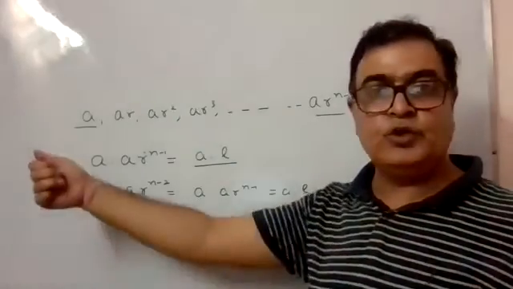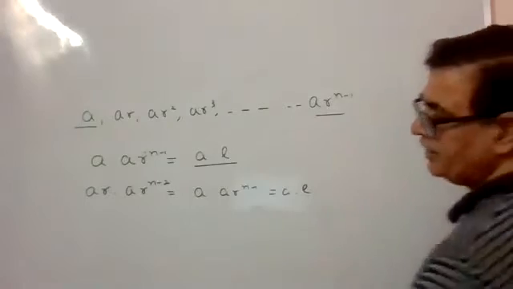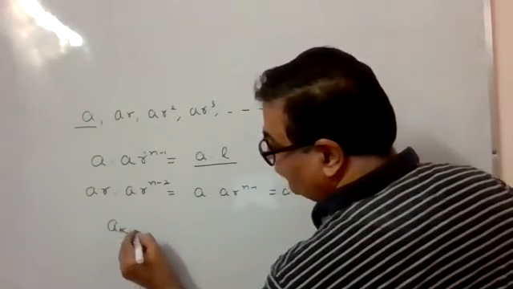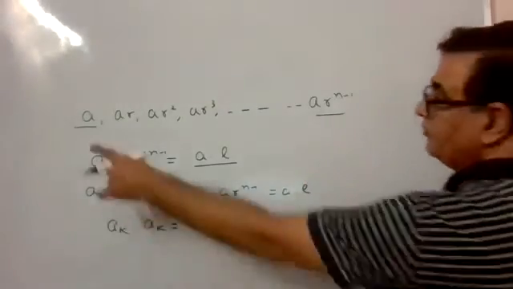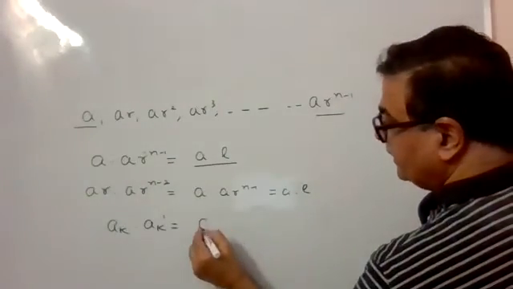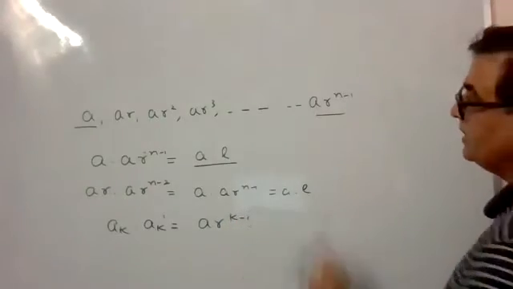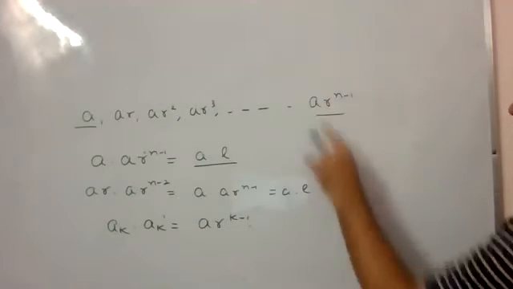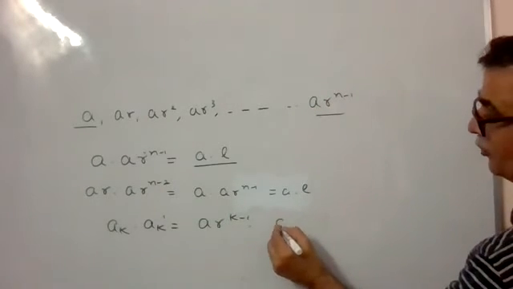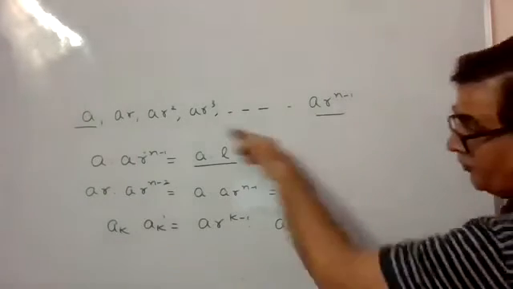In the same way, if you take the kth term from this side and the kth term from this side, what will it come to? Just check here: the kth term from the beginning and the kth term from the last. From here, the kth term will be a r^(k-1). And the kth term from this side, this will be counted as your first term. What is the first term? It is a r^(n-1). What will be the common ratio when you go this side?